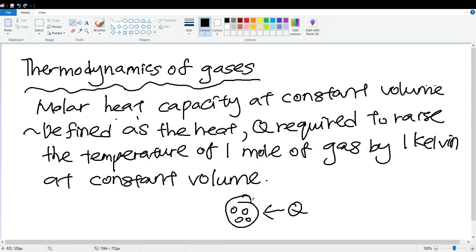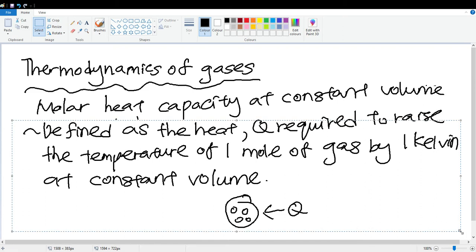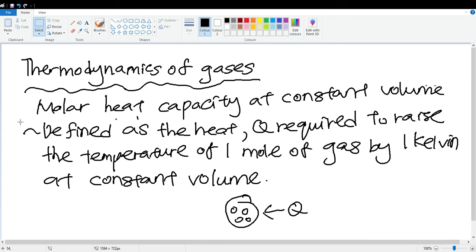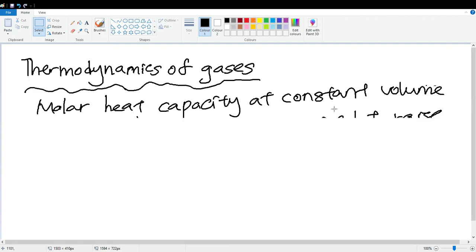We know the gas will gain kinetic energy, but the volume of the container must remain constant. This is the molar heat capacity at constant volume. Alright, we have done the first condition. Let's move to the second condition, the molar heat capacity at constant pressure.